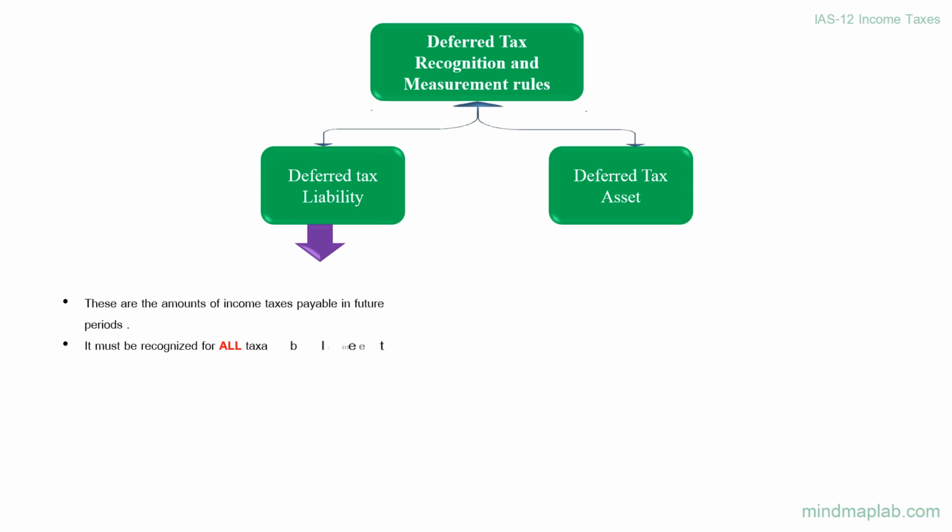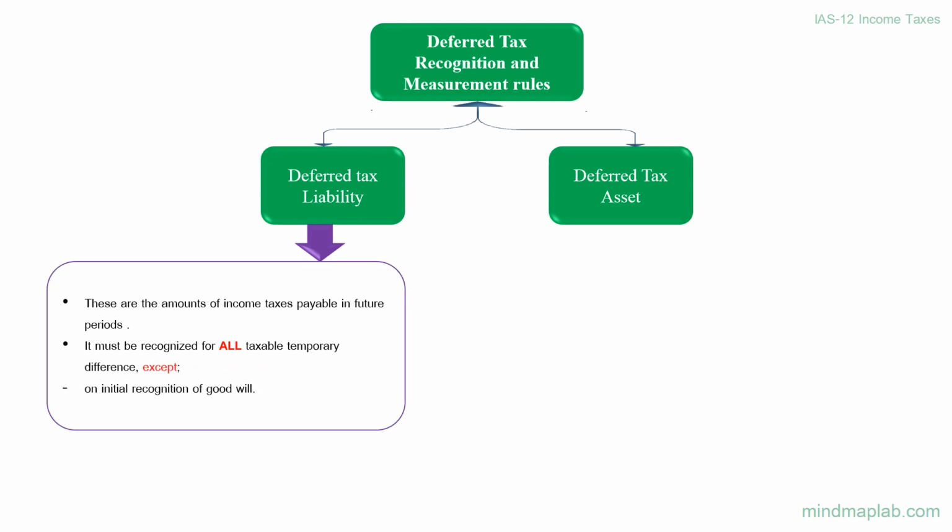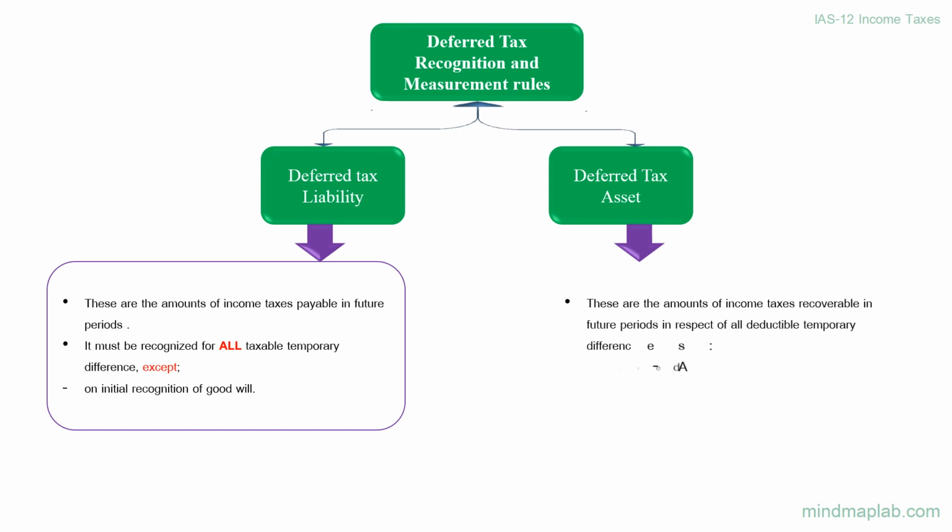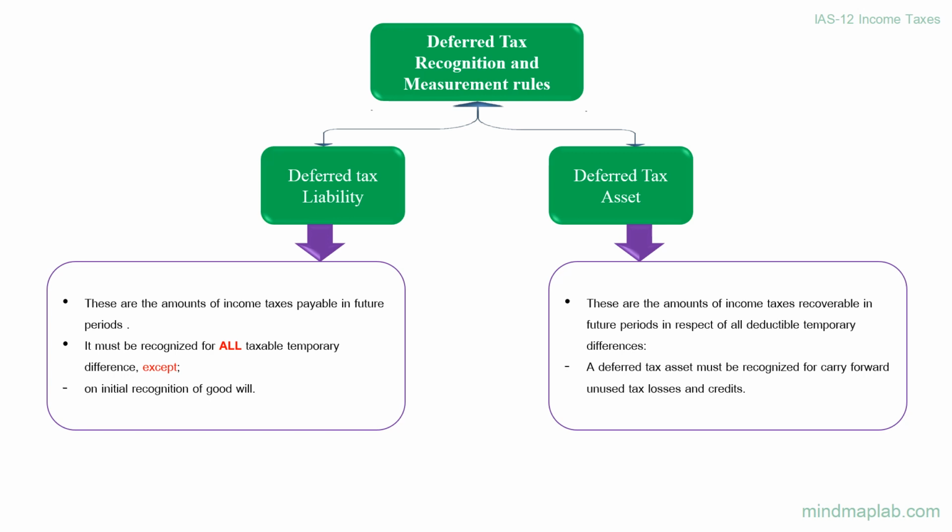It must be recognized for all taxable temporary differences, except on initial recognition of goodwill. Deferred tax asset: these are the amounts of income taxes recoverable in future periods in respect of all deductible temporary differences. A deferred tax asset must be recognized for carry-forward of unused tax losses and credits.